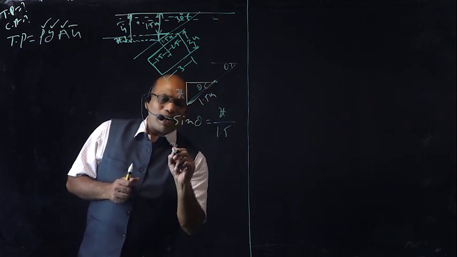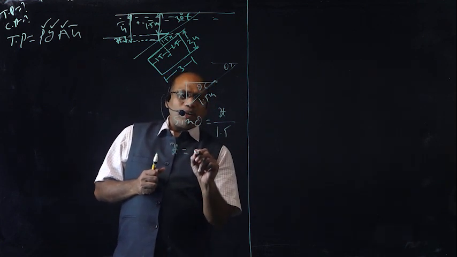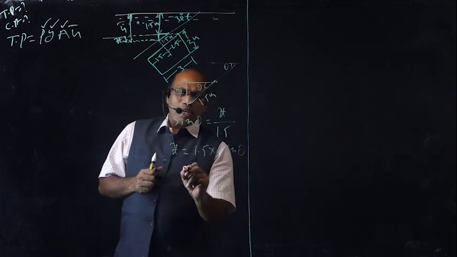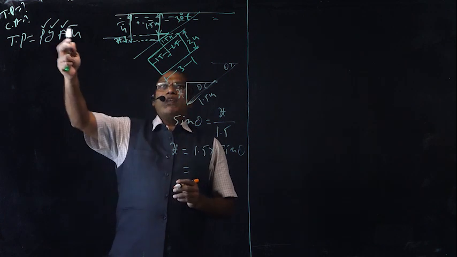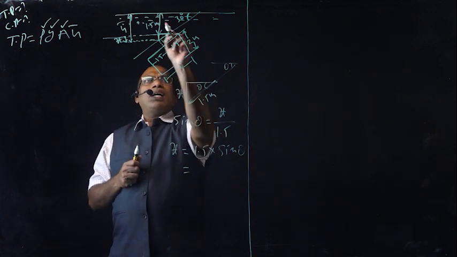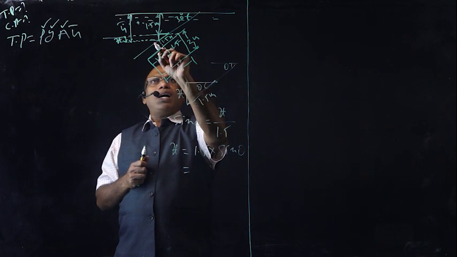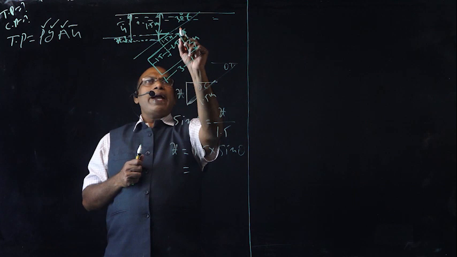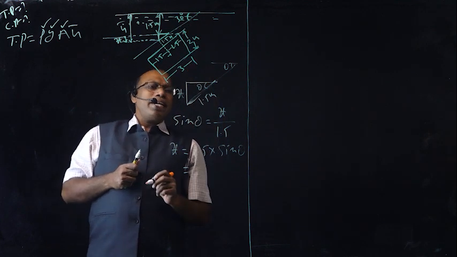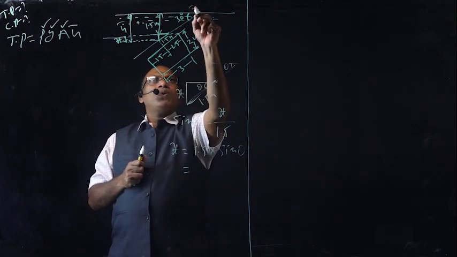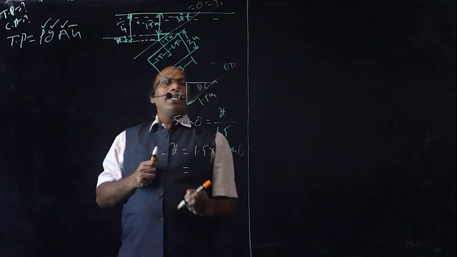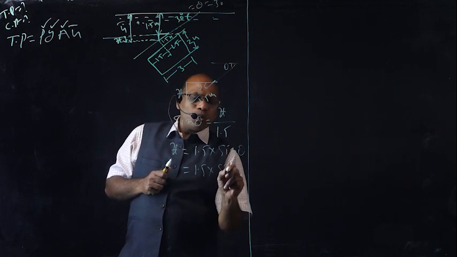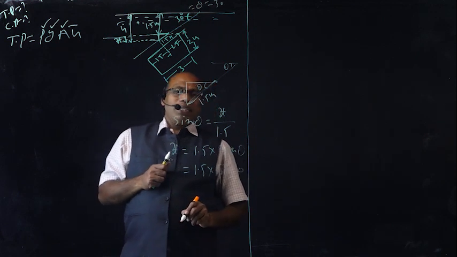Therefore x is equal to 1.5 into sin theta. But in this problem they have given the angle of the rectangular object, that is 30 degrees, theta equal to 30 degrees. Therefore 1.5 into sin 30, right?